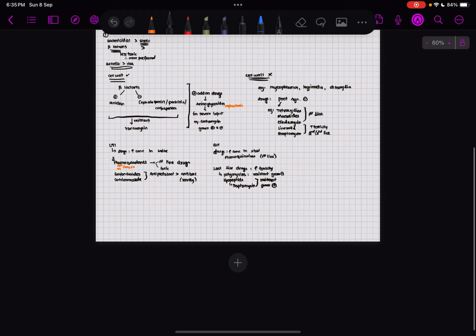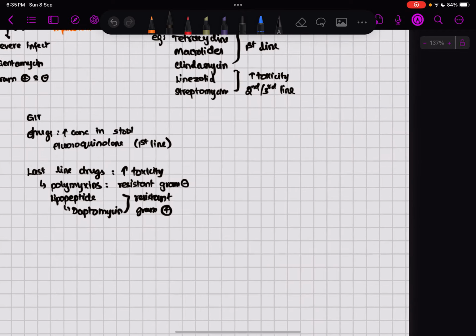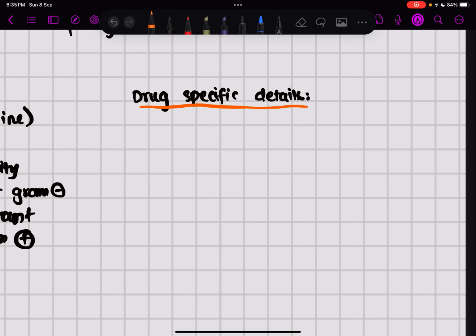And there are a few drug specific details, which are for peptides. Which drugs are peptides?